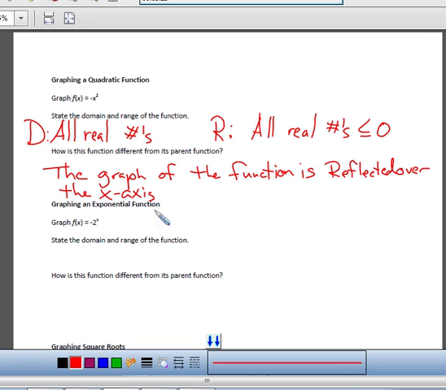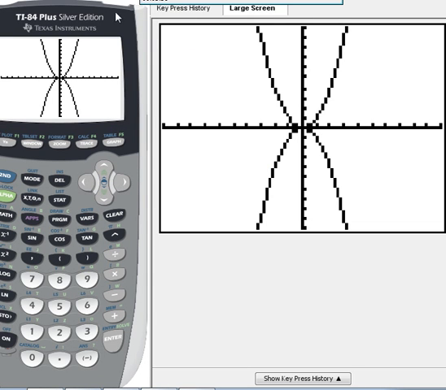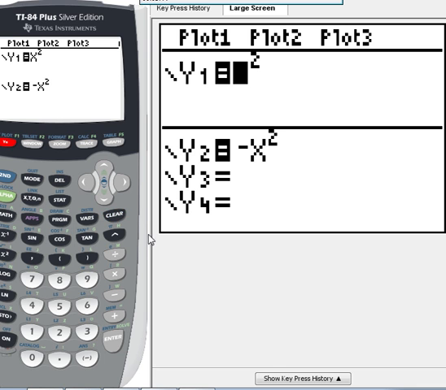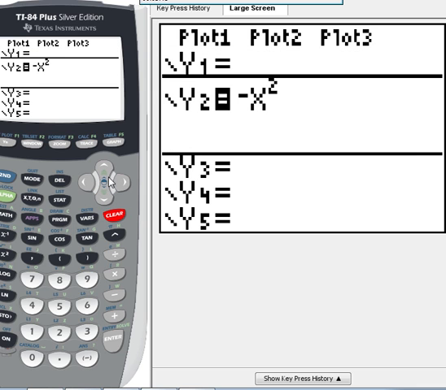Alright? So now, let's try this again, but with an exponential function. So I am going to bring up my calculator again. And let's clear this. Actually, let's go to the Y. Clear. And clear.